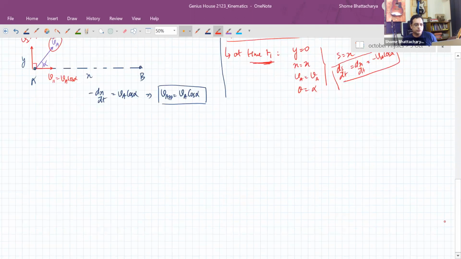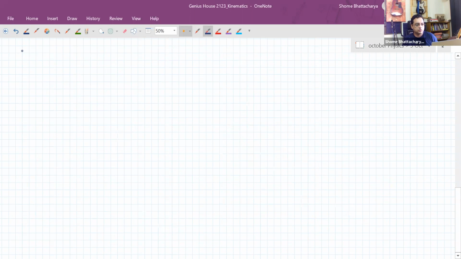Now, likewise, you can also understand that if, on the other hand, suppose the object B is moving in this direction, such that this angle is some alpha, and this time the object A is stationary. So now you can see what is happening. They're separating. They're not approaching each other.